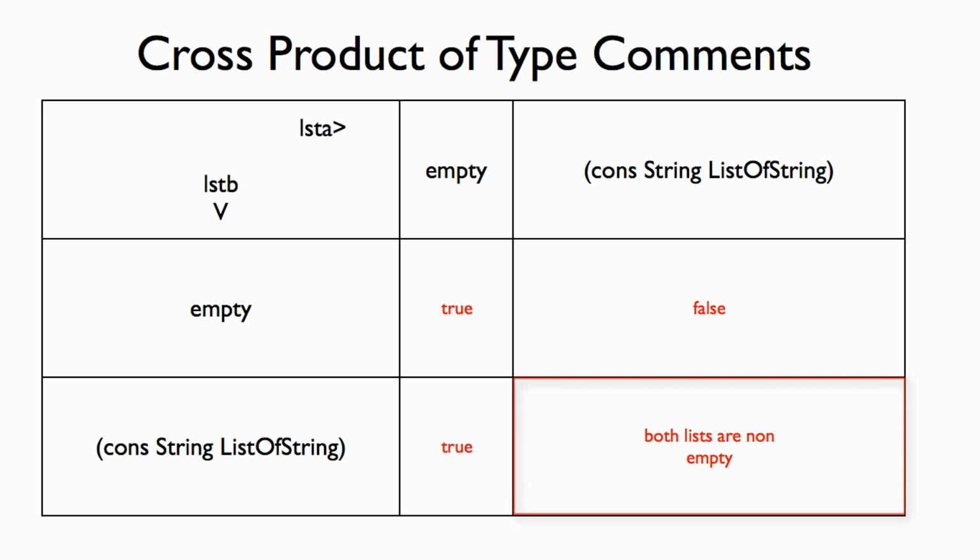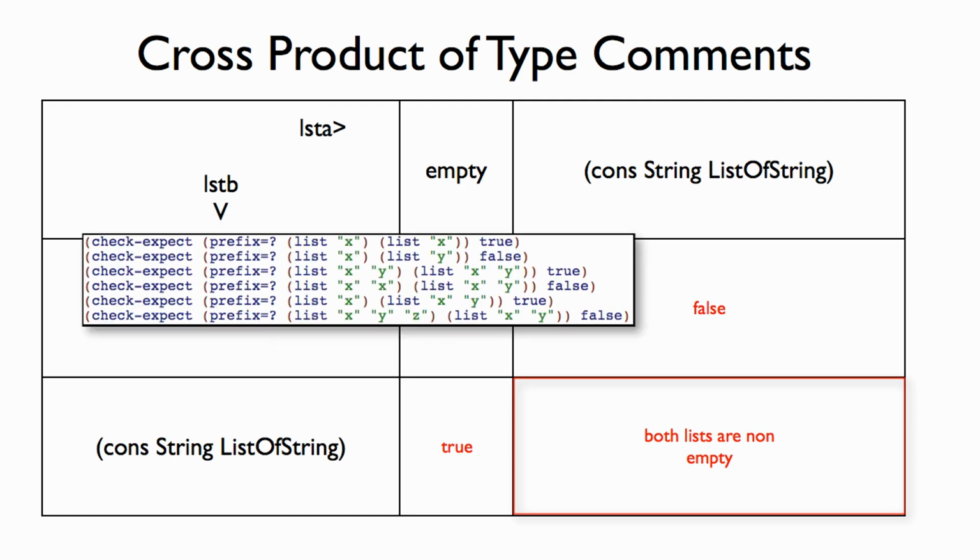They have elements. Well, if we look at the check-expects, this test tells us that if the two start with the same element, if the two start with the same string, then we kind of need to look at the rest. Because in this case where it's XX, it ends up being true.